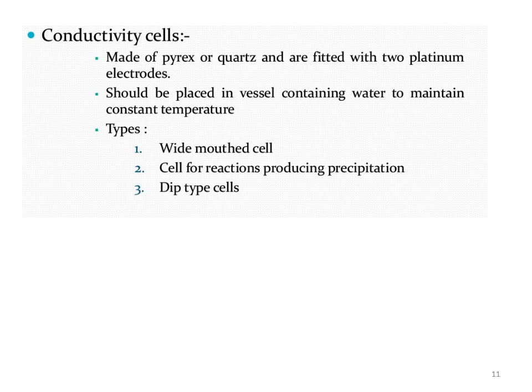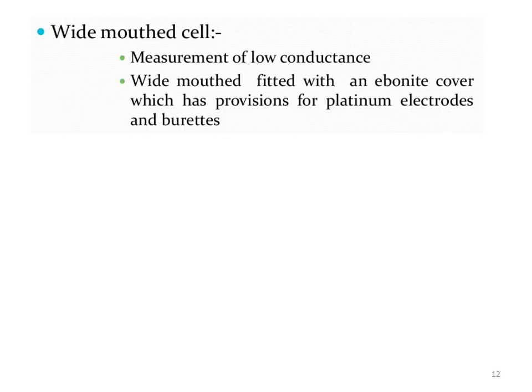Then the next point is the types of conductivity cells. First type is wide-mouthed cells. Second type is cell for reactions producing precipitation. Third is dip type cells. Okay, now we come to our next slide. First is wide mouthed cells.